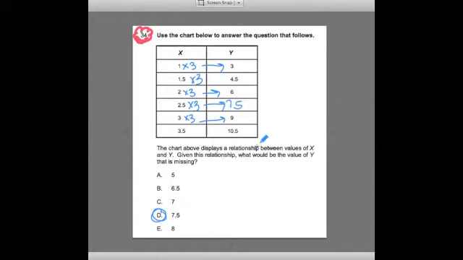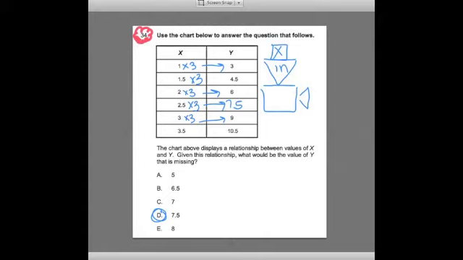Now this relationship between these two variables, one way to express this is with a function machine. And how does that work? Well, it looks something like this. This is the way we introduce rules and patterns in algebra to second and third graders. We'll make a function machine and we'll say, hey, you take an x value, some unknown value, you put it into your function machine, and you do something to the x.